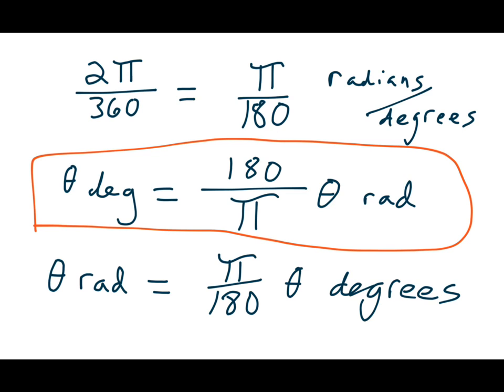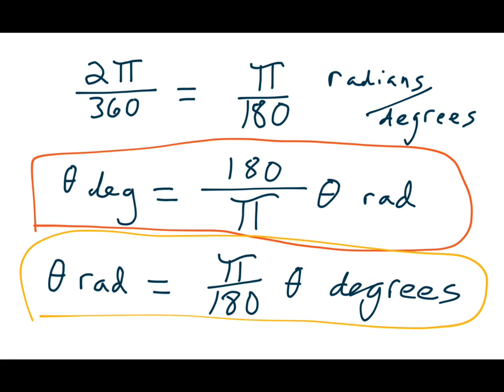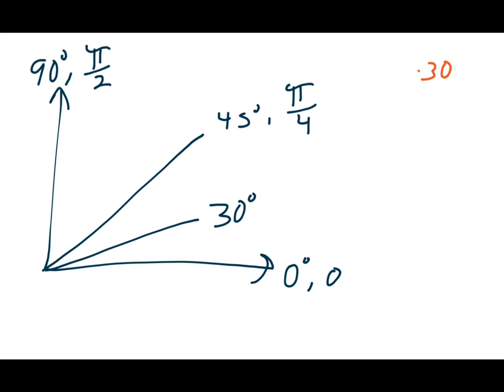I need to be using this one down here, because I'm trying to convert it to radians. So I need to plug in on the bottom equation. That's my fault, I'm sorry. So we have 30 degrees. So that's going to be 30 times pi over 180. And then 30 over 180 simplifies to just 1 over 6. So it is pi over 6. So 30 degrees is pi over 6.